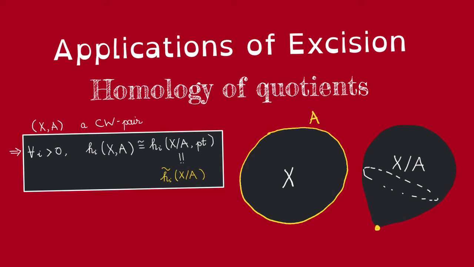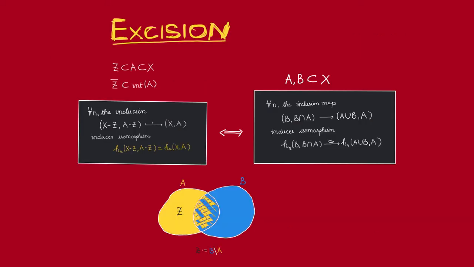So let us first review the Excision Axiom. There are two equivalent formulations. Well, this one sounds a bit more like excision. If this whole space is X and this is A, and furthermore we have a subspace Z of A such that the closure of Z lies in the interior of A, then the excision axiom asks that the relative homology of X, relative to A, is going to be equal to the relative homology of X minus Z, so this part, B here, relative to A minus Z, so this intersection here.